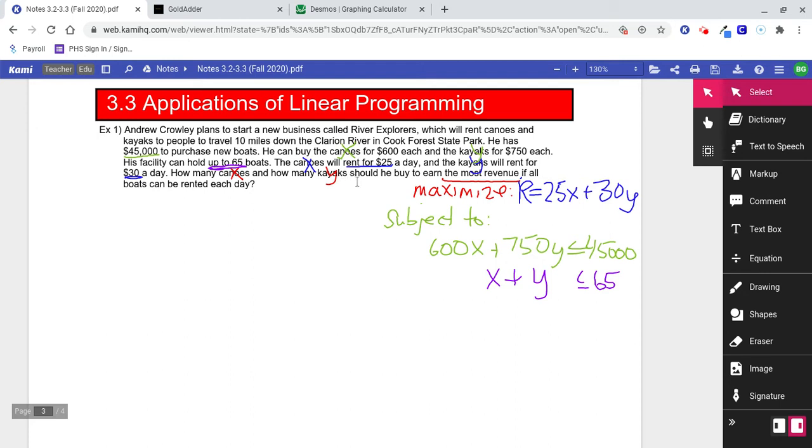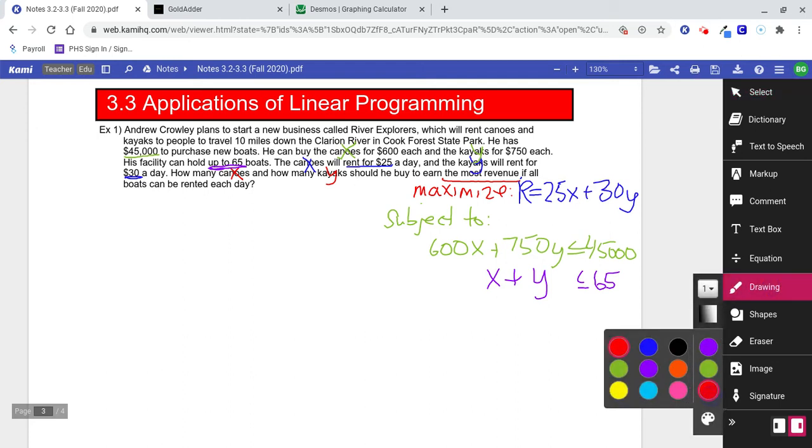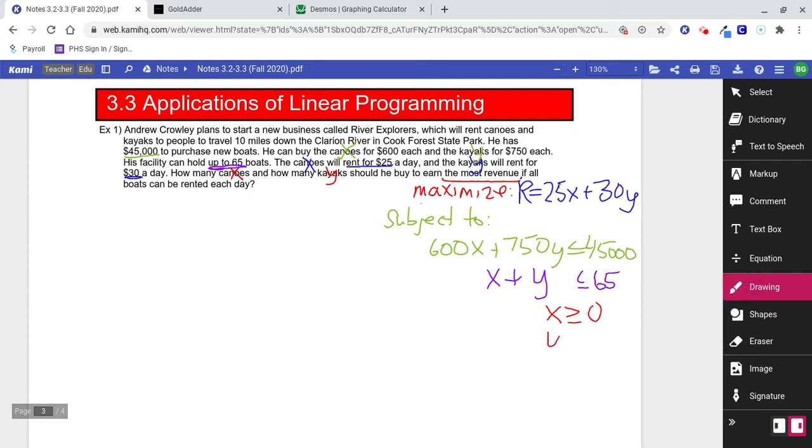We're not allowed to have a negative number. So we almost always on these problems will have these extra two constraints. X is greater than or equal 0 and Y is greater than or equal 0. Simply to force canoes and kayaks to be positive numbers, all right, because it's a real world situation.